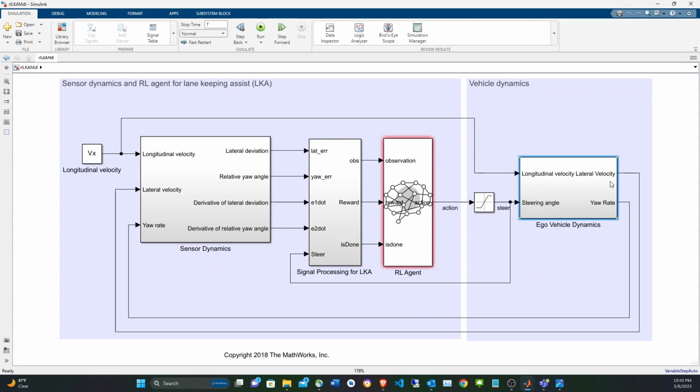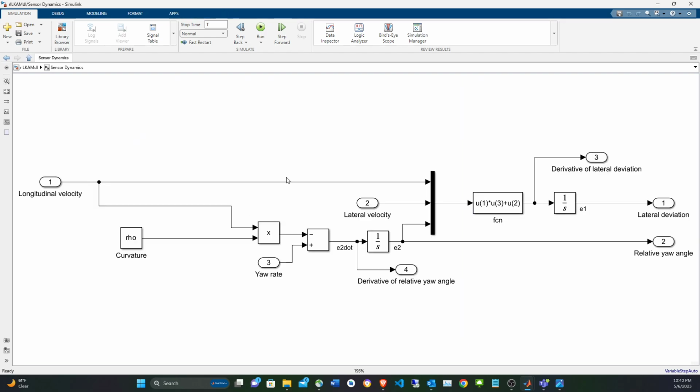Okay, so with that, now we need to compute the lateral deviation and relative angle. For that, the curvature of the road and also the longitudinal velocity have to be taken into account. The yaw rate is relative to the curvature, so that has to be taken into consideration. With that, you get the derivative of the relative yaw angle.